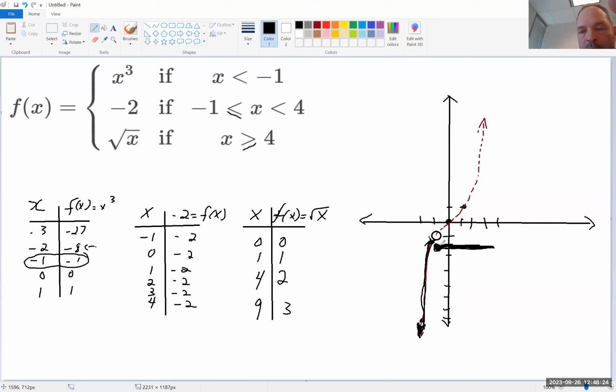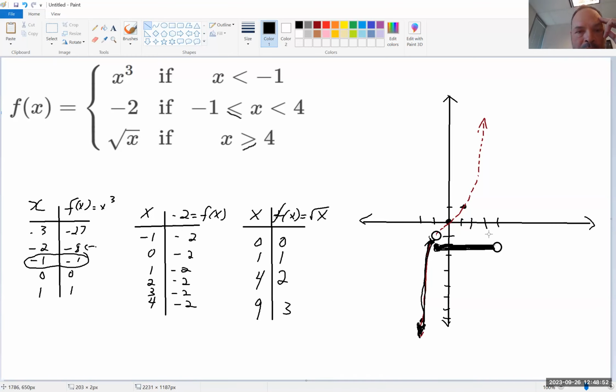And this is an endpoint, and this endpoint is not included. We'll try to make it a little nicer by using a line.